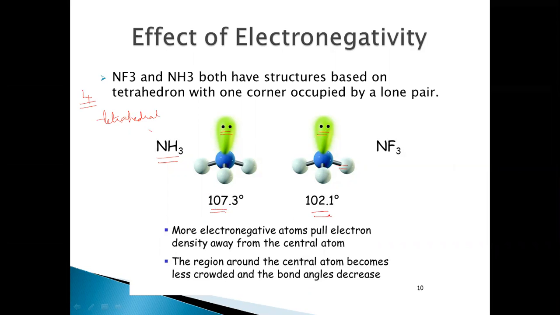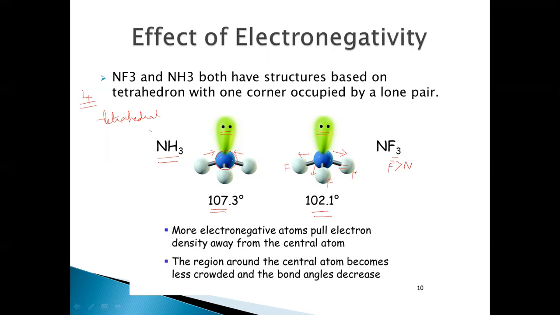Why these bond angles are different, we can explain based on the electronegativity difference. We know that nitrogen is more electronegative than hydrogen. So the bond pair of electrons are pulled closer towards the nitrogen in the case of NH3. But F is more electronegative when compared to nitrogen in this case. So the bond pair of electrons are pulled more closer towards the fluorine atom when compared to the nitrogen atom.